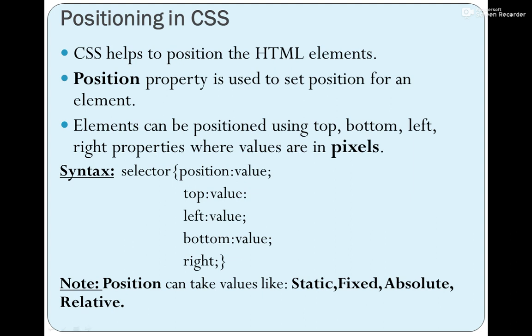You can see the syntax given here. Since it is CSS, the syntax will be the same. Outside there will be a selector, and inside the brackets you have to give the declaration. The declaration consists of a property and value pair.